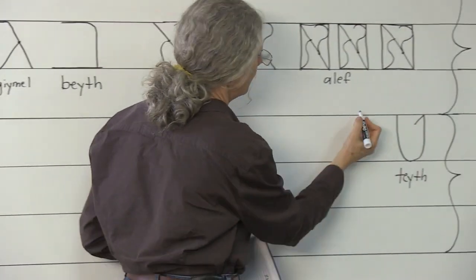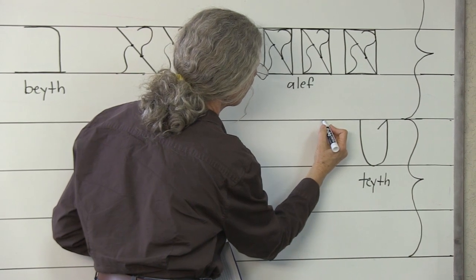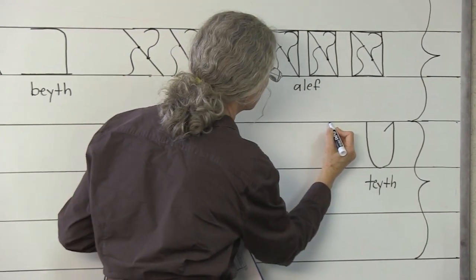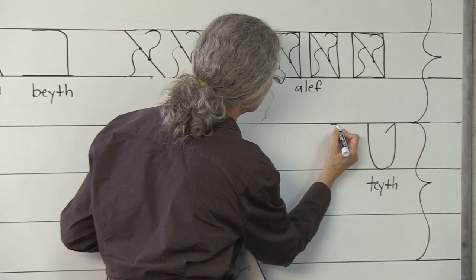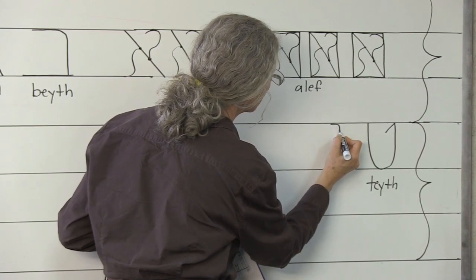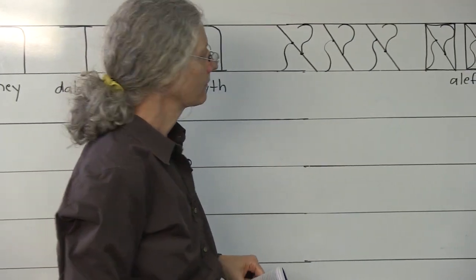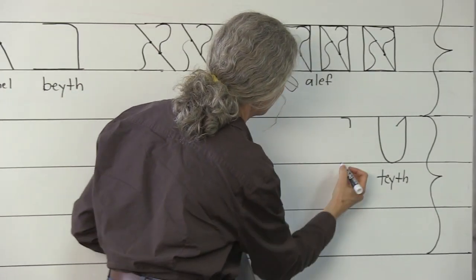Okay. Next is the Yud. You're going to start sort of like with the Vav. Make a little line here and a little curve and then a little line, and that's it. It's a tiny letter. Okay, Yud.